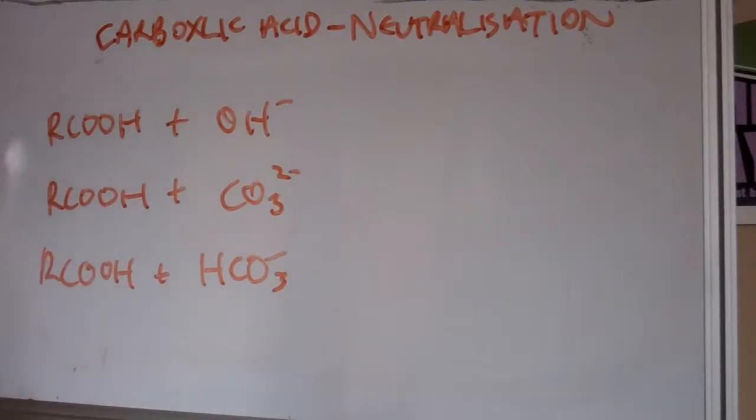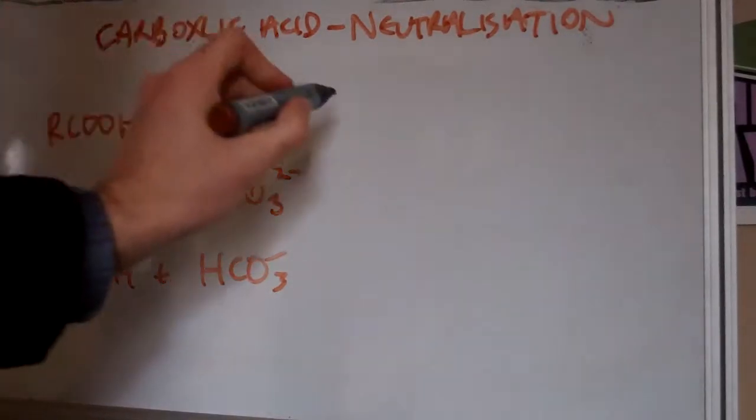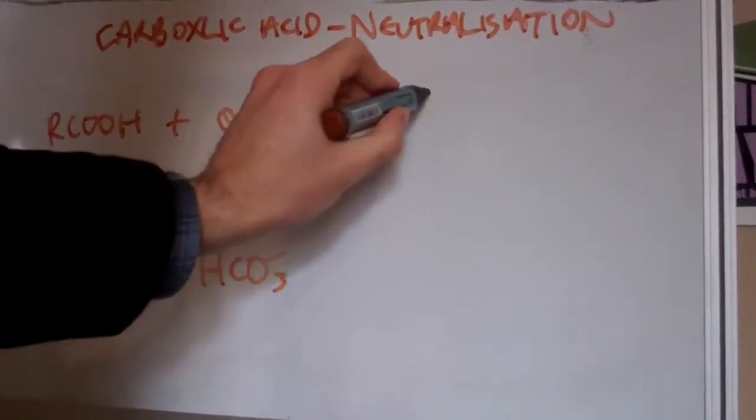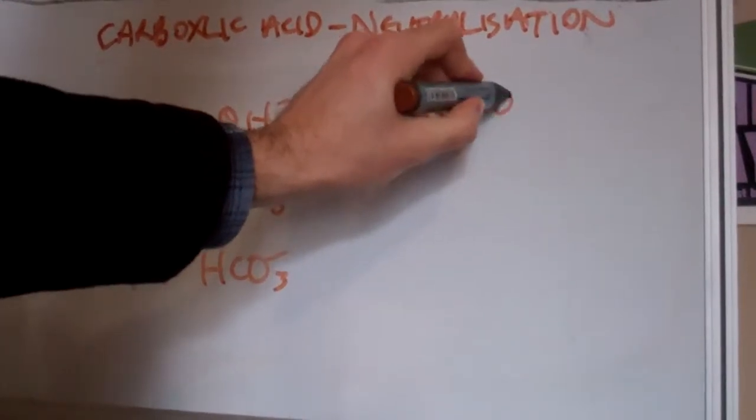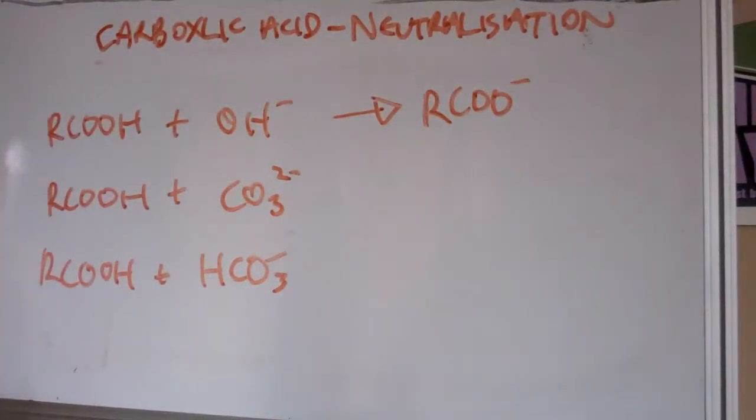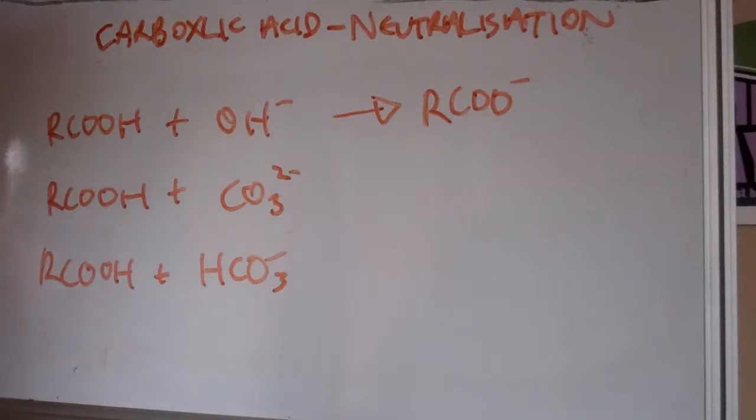When you react a carboxylic acid with a base, you get a salt and water. Now the salt that we're going to get, because these reactions don't include any cations in them, is the carboxylate ion.